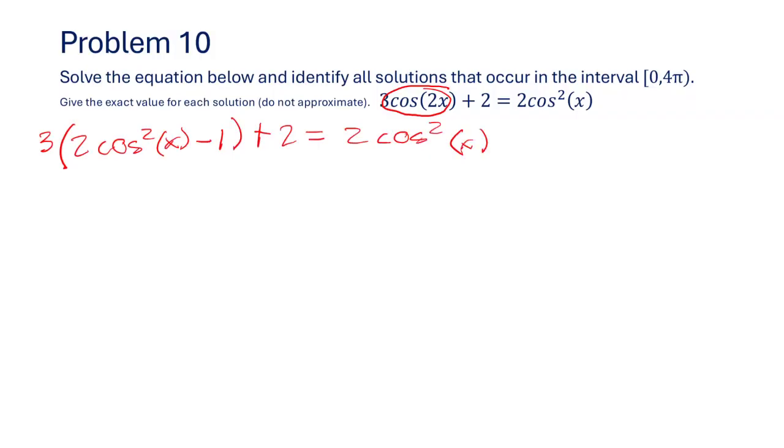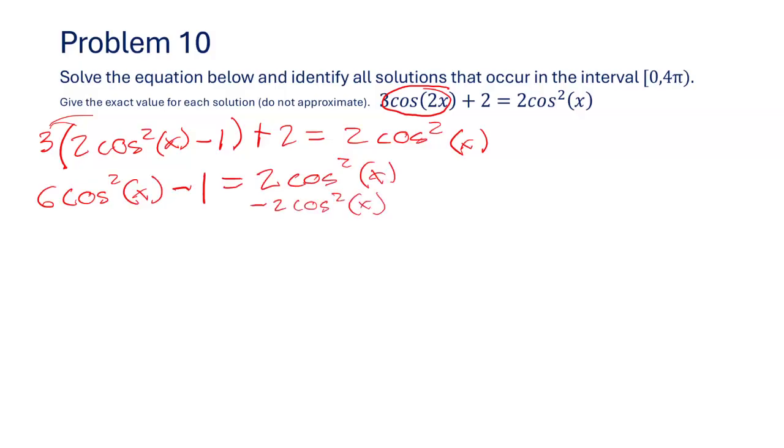Okay, now I'm going to multiply this 3 out to get 6 cosine squared of x. Then we have minus 3 plus 2, so that's minus 1, equals 2 cosine squared of x. These are like terms, they're both cosine squared, so I can move them together. So I'm going to subtract 2 cosine squared of x from both sides.